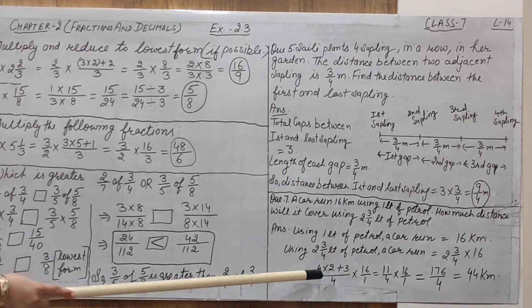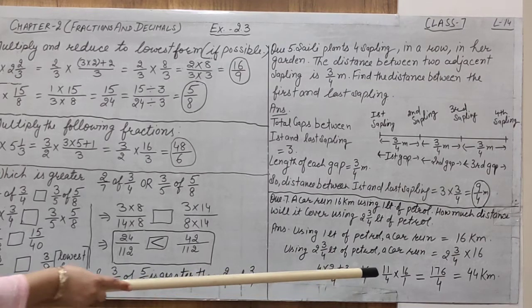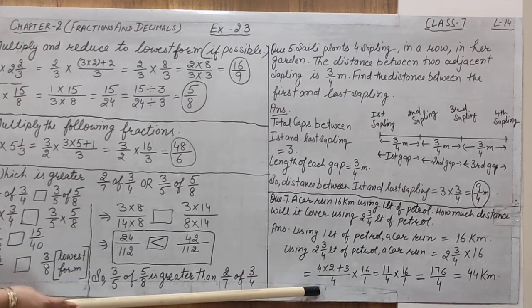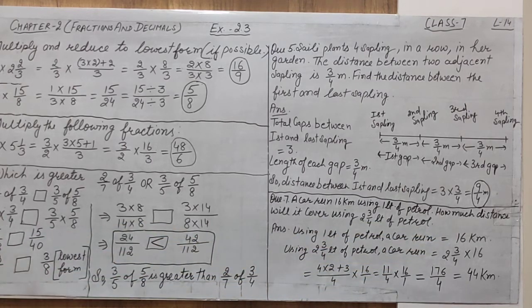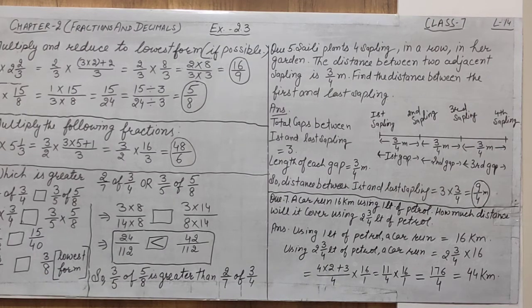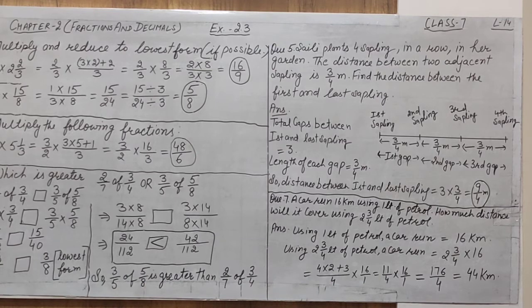The denominator stays the same. 4 multiplied by 2 is 8, plus 3, that is 11 by 4. This is the result of the mixed fraction. 11 by 4 is now multiplied with 16. Now 16 can be written as 16 by 1. So 11 by 4 multiplied with 16 divided by 1.